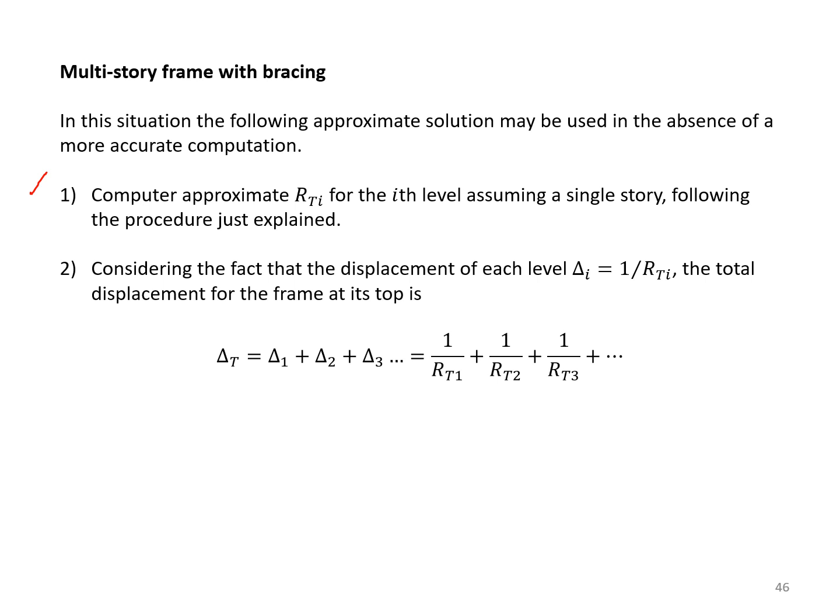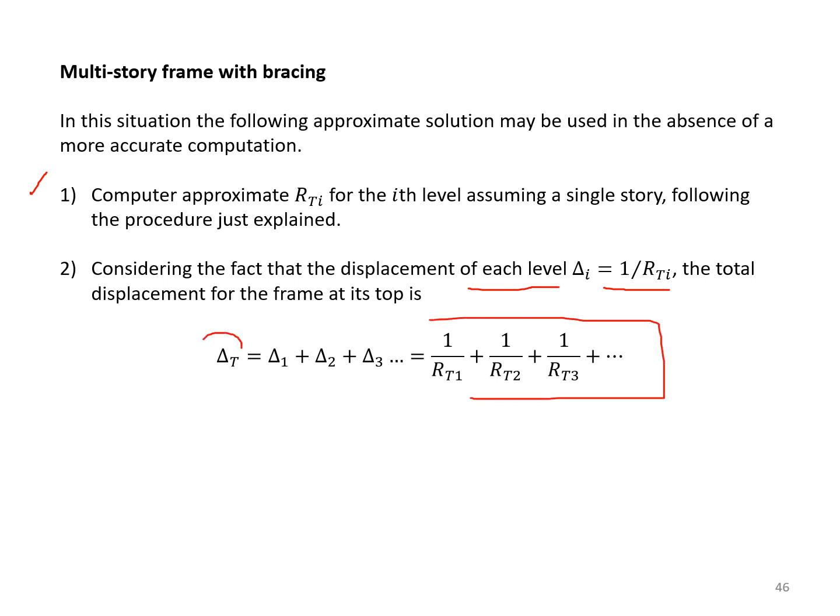Now, considering the fact that the displacement of each level is 1 over RTi, right? 1 divided by rigidity, and the total displacement is the addition of all these level displacements, then we can show that delta T is equal to delta 1 plus delta 2 plus delta 3 is equal to this.